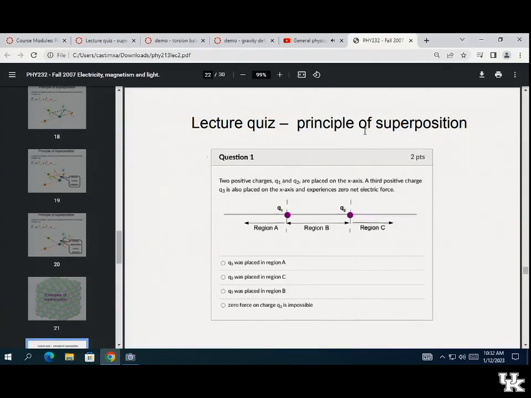Do you put it to the left, to the right, or in the middle, in the center here? Or is this an impossibility? Is it impossible to make these forces cancel out and get a net force of zero? I'll give you a minute to think about that.